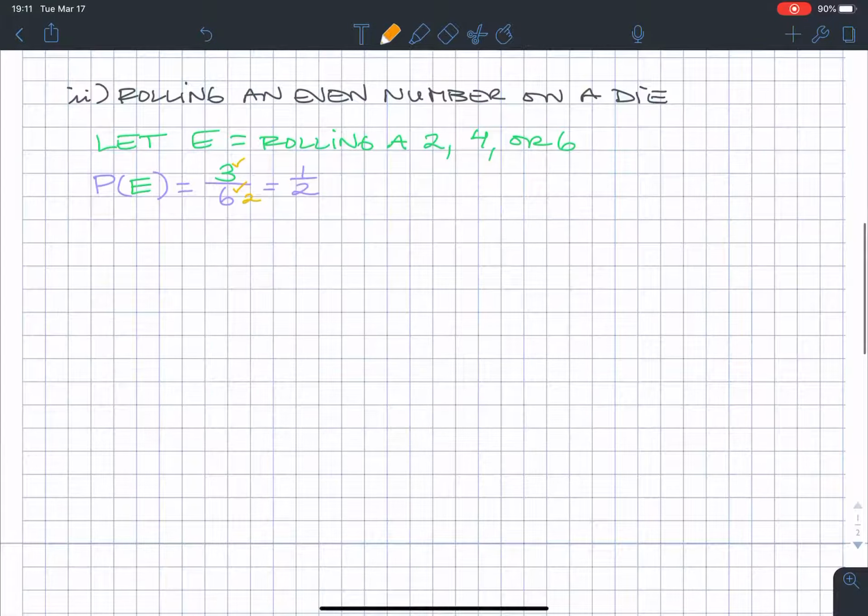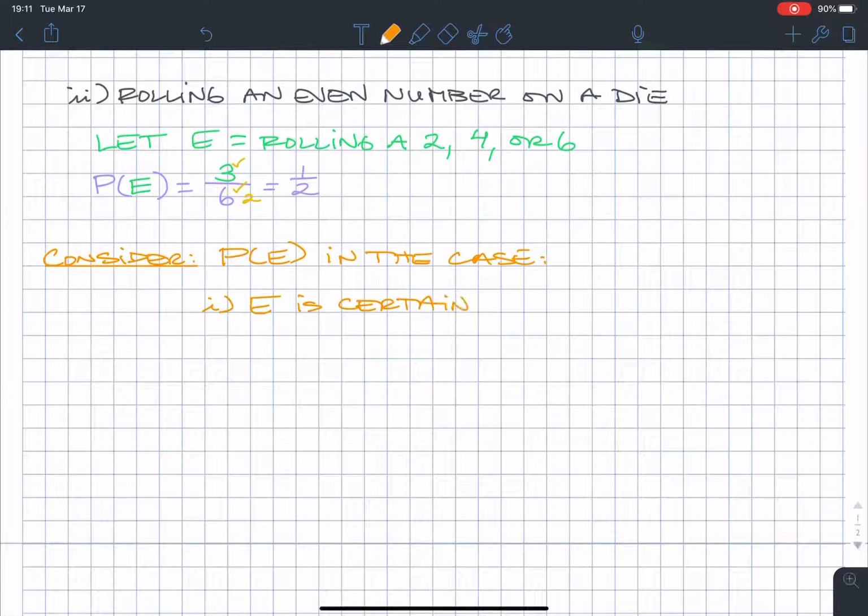So let's consider the probability of an event E in the case number 1, that E is certain to always occur.